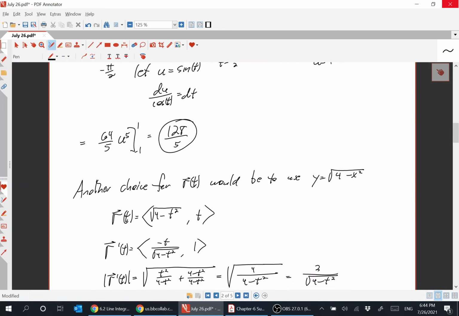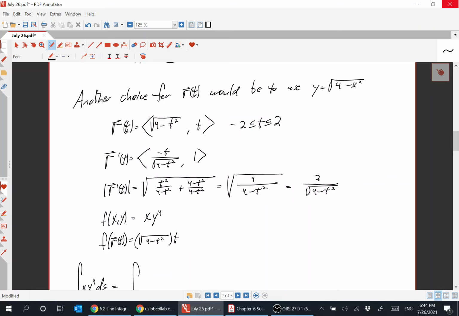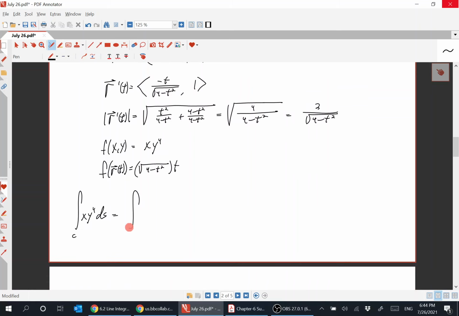The domain for t is minus 2 to 2. Okay, so that's the integral from minus 2 to 2 of t times the square root of 4 minus t squared, times 2 over the square root of 4 minus t squared, dt. Those cancel out, and you get the integral from minus 2 to 2 of 2t dt. So that's just t squared from minus 2 to 2.